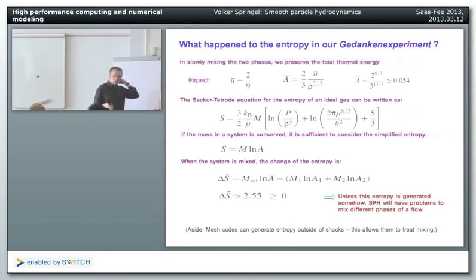An SPH particle will have its chemical mixture that you can prescribe from, say, enrichment. You give it some chemical mix, and that chemical mix will always be maintained for this individual particle.